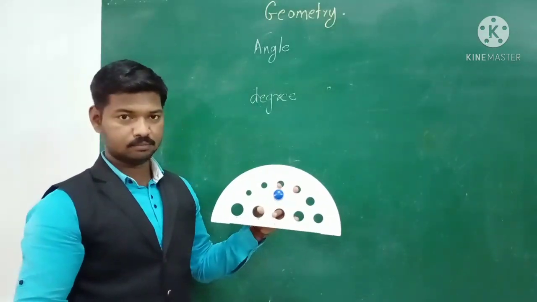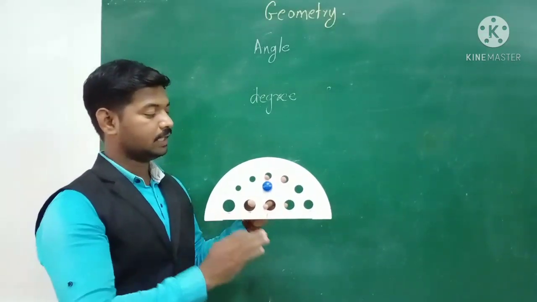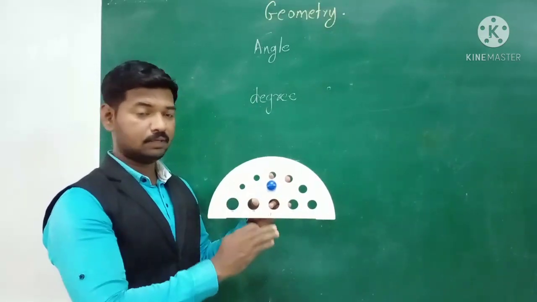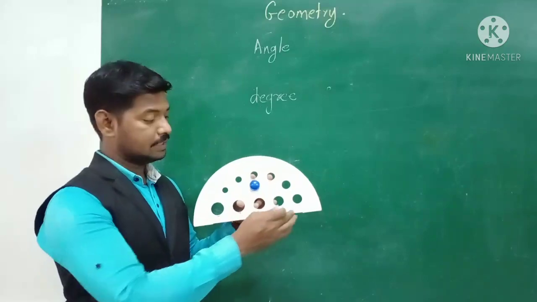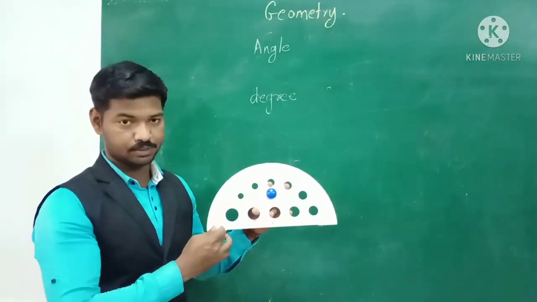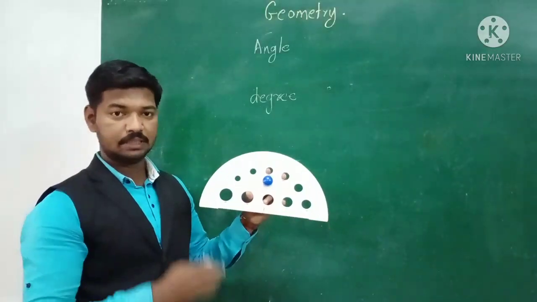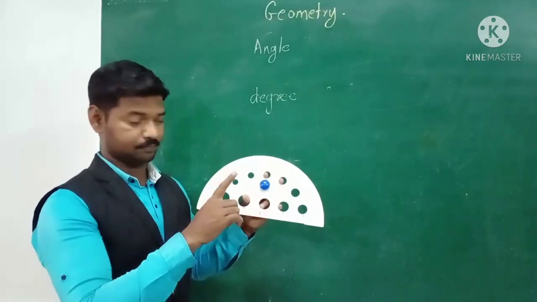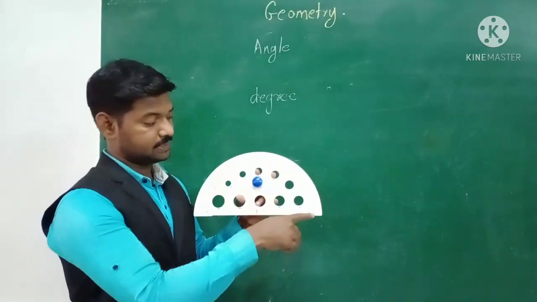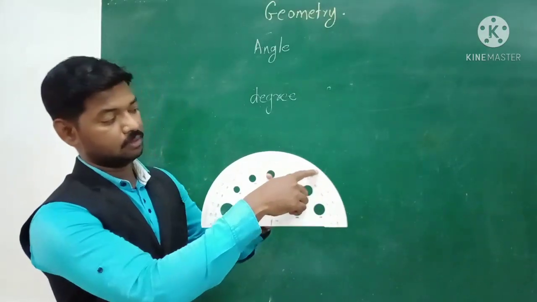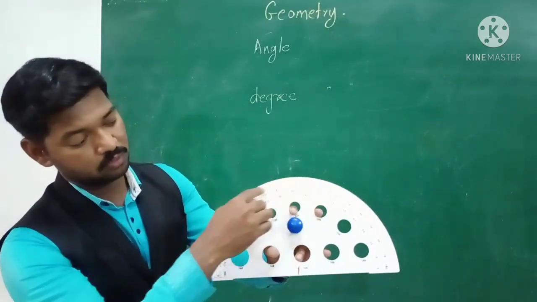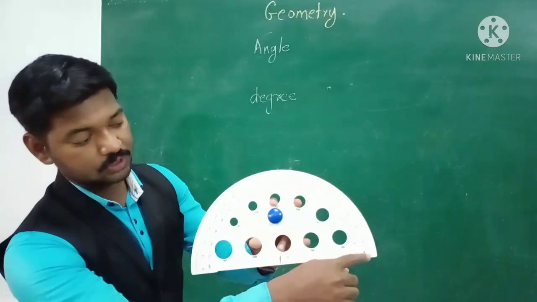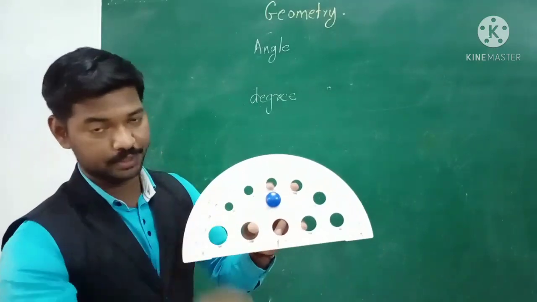In a protractor, there are 180 equal subdivisions of the angle marked 0 to 180. Each subdivision denotes 1 degree. You will see the red lines are given there. If you count, these all are 180, and each line denotes 1 degree.